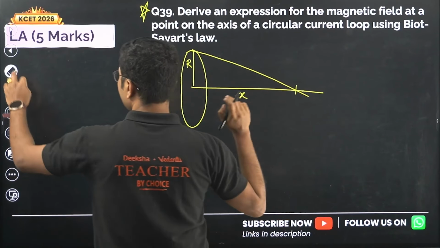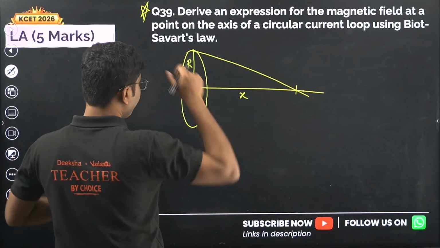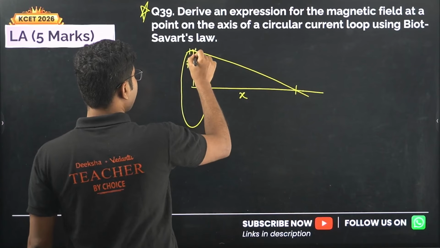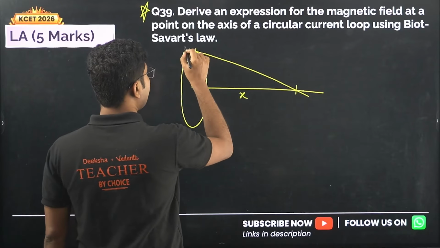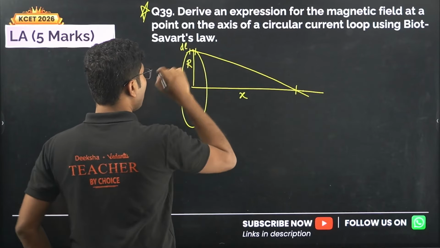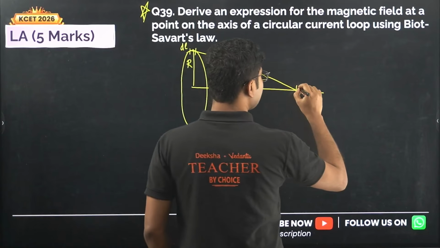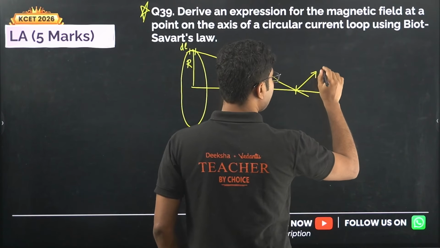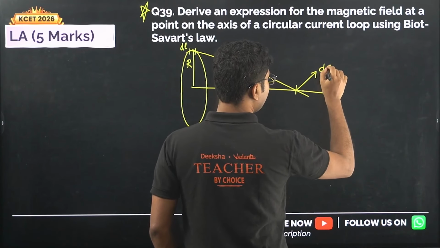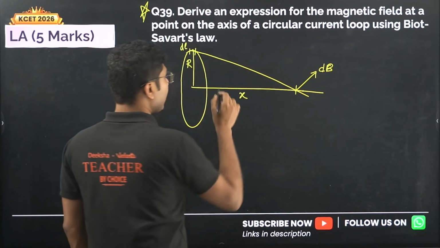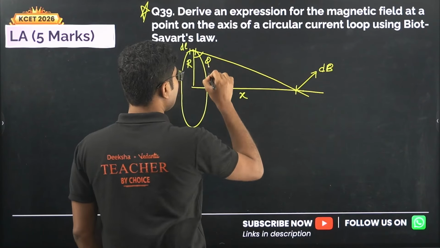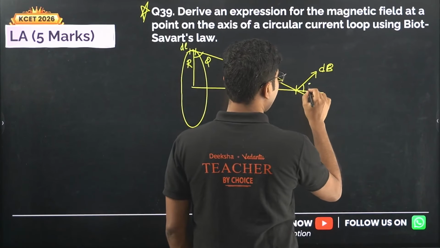Now there are a lot of steps involved. You should remember what formula you will be using. You will be using Biot-Savart's law. Suppose you take a small length element dl. The magnetic field at this point will be along this direction, and it will be dB. Now if this angle is phi, this angle will also be phi.